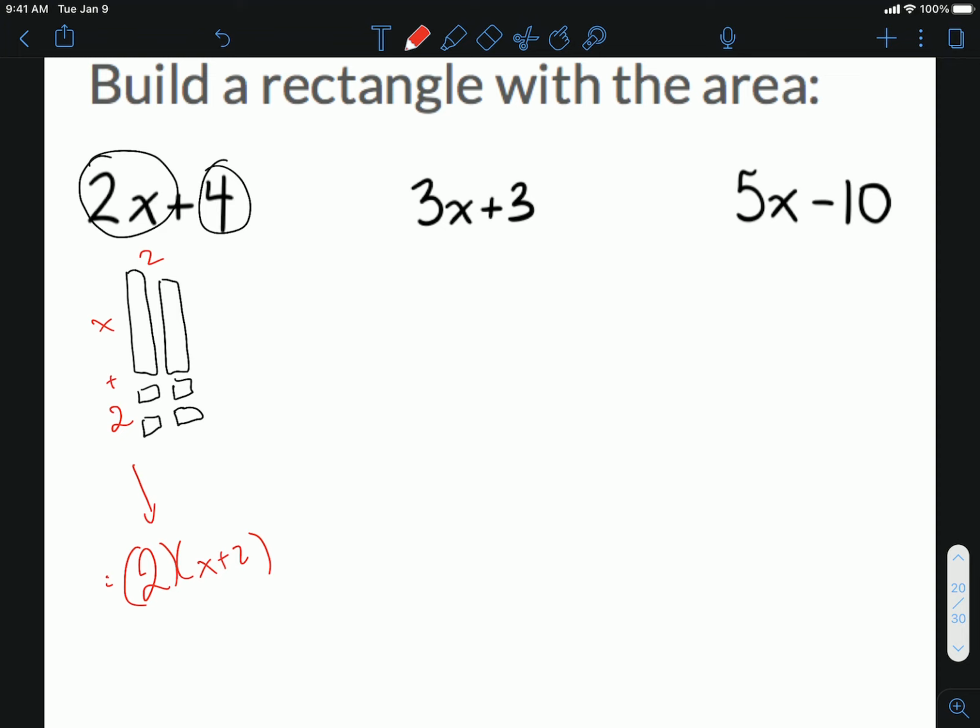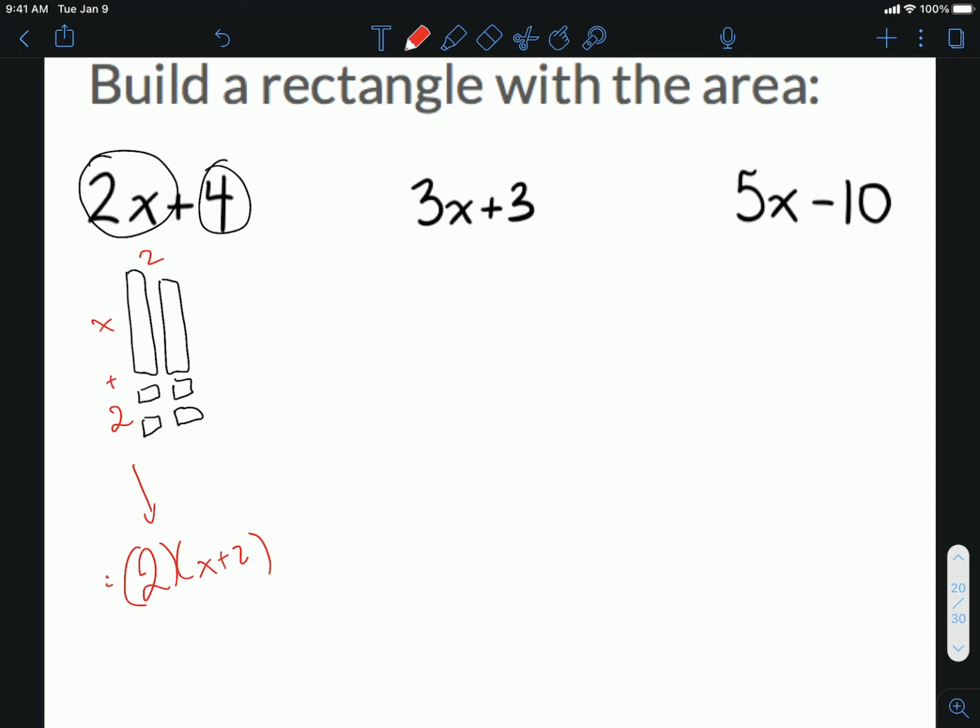Okay, same thing if I decided to go like this. 3 x's, you gotta create a perfect rectangle, plus 3. Oh, what are the length and width? It looks like I fit 3 singles up top and an x down here and there.